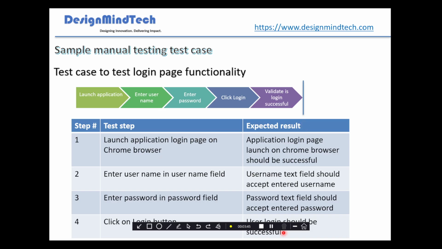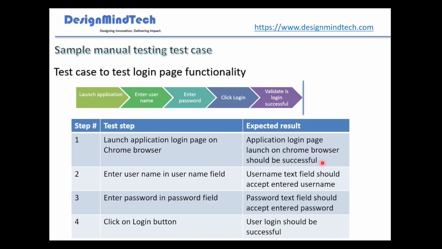And this is the typical flow of our test case, and you can see a typical representation of a manual test case, where you have step number, test step, and expected result. So step 1 says launch application login page on Chrome browser. This means I'm using Chrome browser, and the expected result is application login page launch on Chrome browser should be successful.